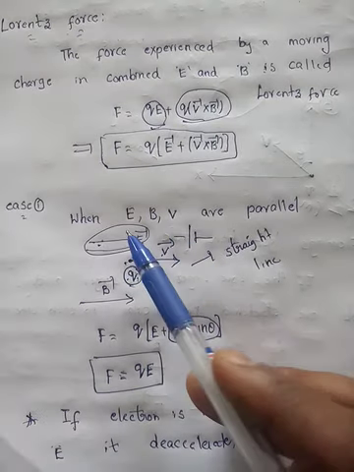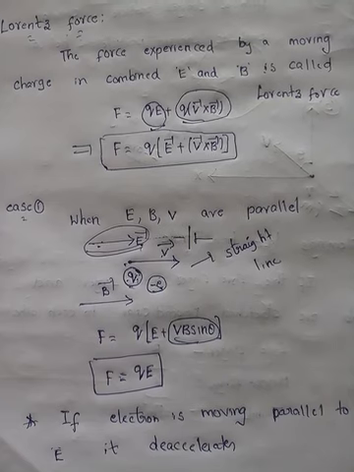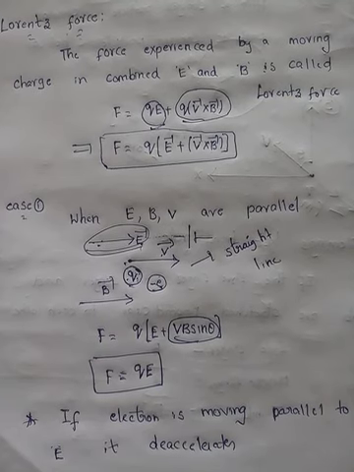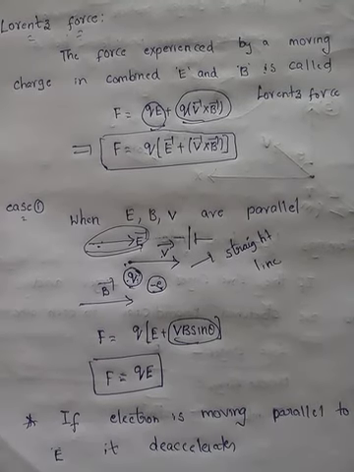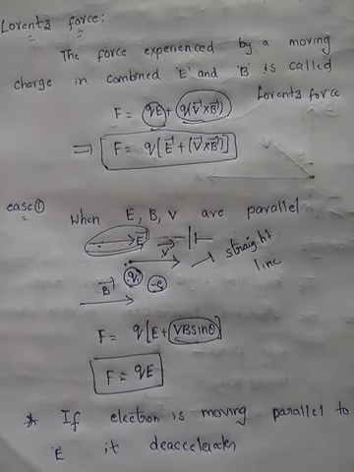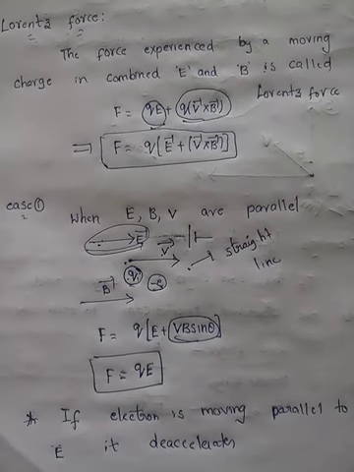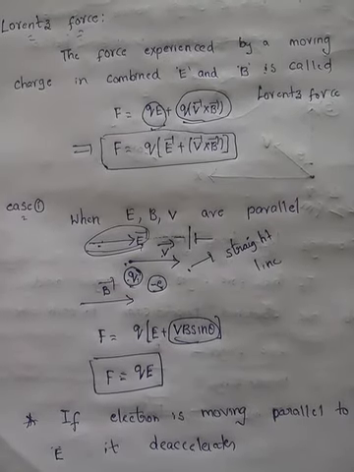We are taking two conditions here. One, when the electric field, magnetic field and the moving charge are along the same direction, moving parallel to each other, it experiences only electric force because the magnetic force is 0. Understood?